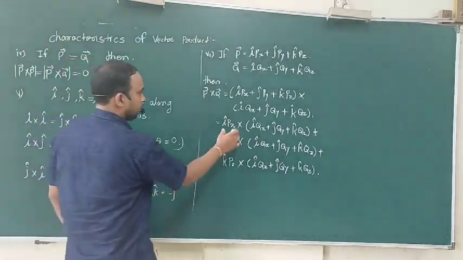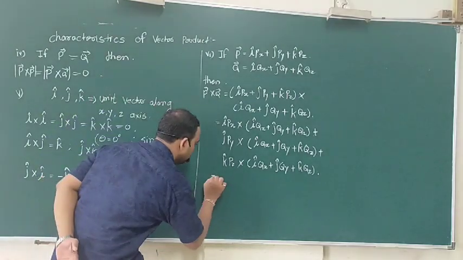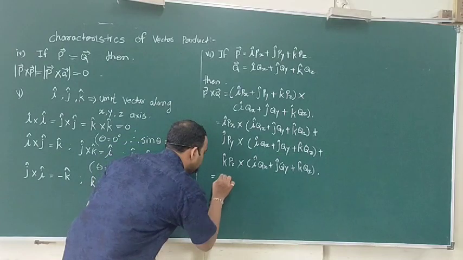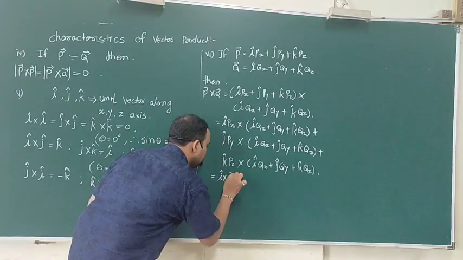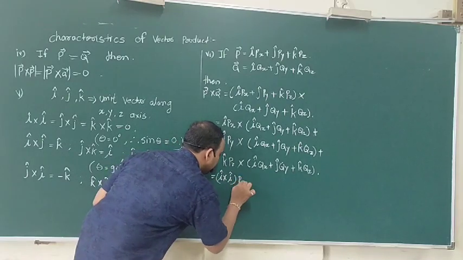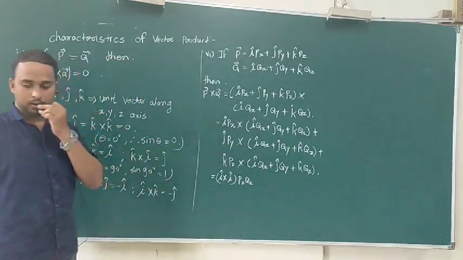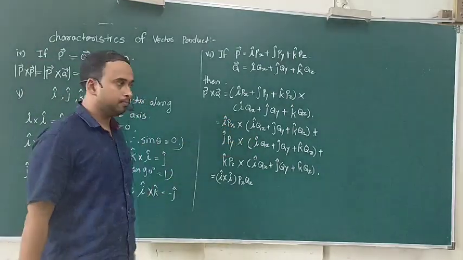Okay, now multiply this into each term, so we get i cap cross i cap into px qx. Here we are multiplying to this term.